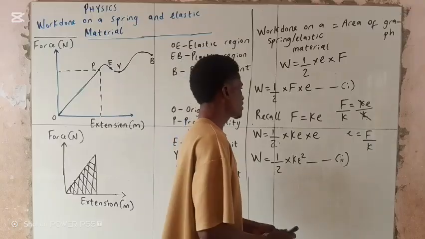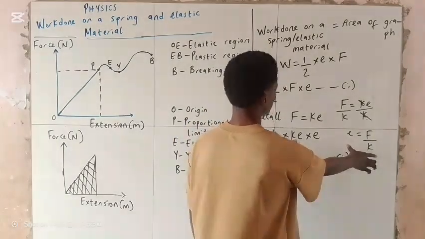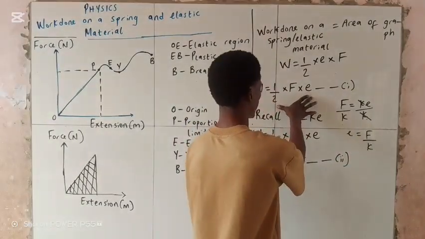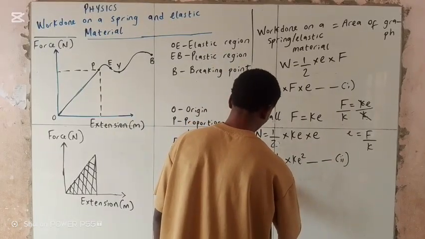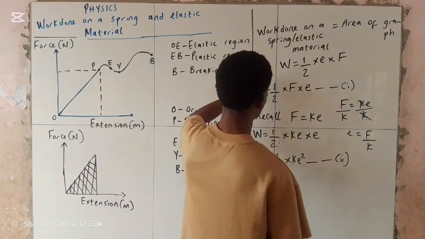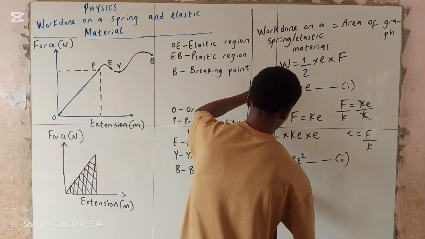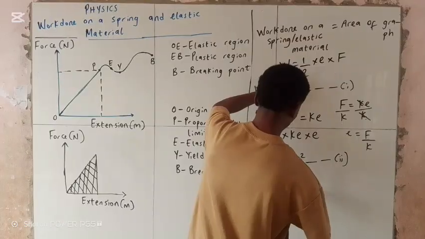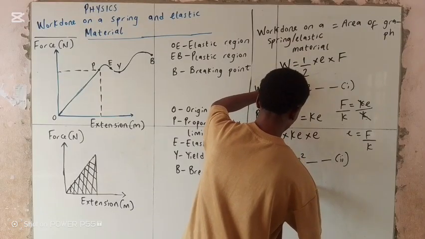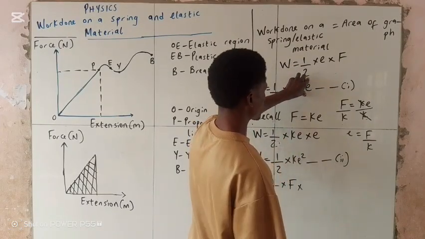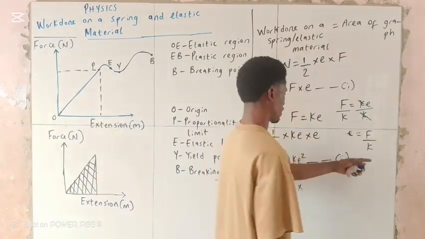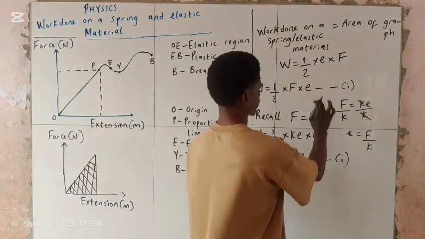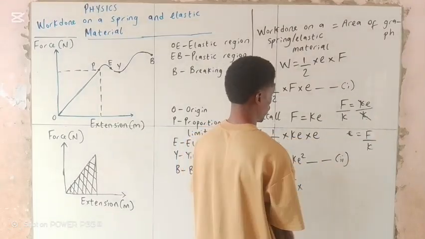Now, if I apply this idea into equation 1, I'm going to have my work done equal to half multiplied by force, multiplied by my extension, which is now force over spring constant.